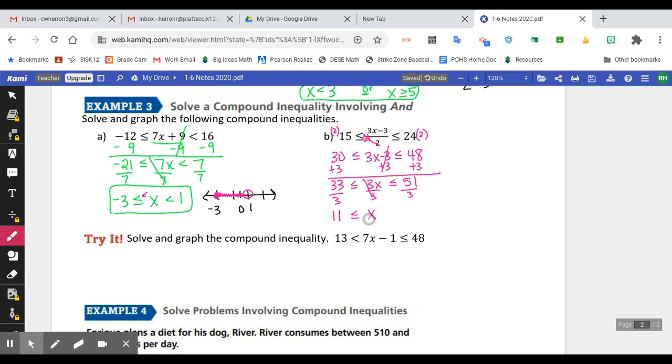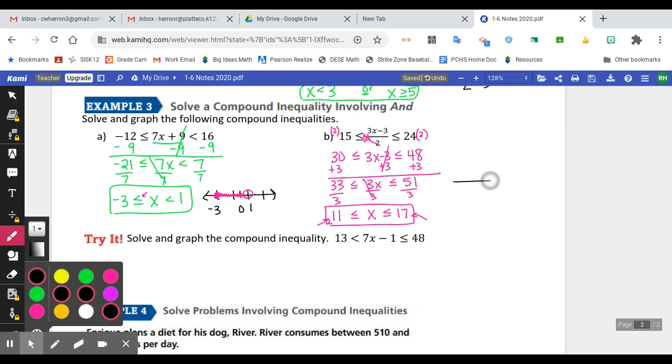11 is less than or equal to x, which is less than or equal to 17. So our number on the graph has to be between 11 and 17. So we draw our number line. I'm going to put 11, 13, 15, and 17.